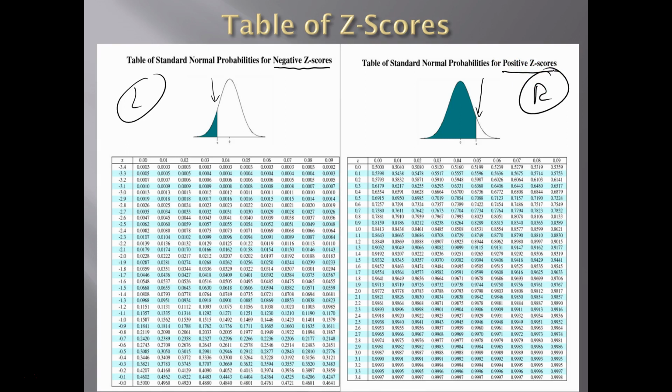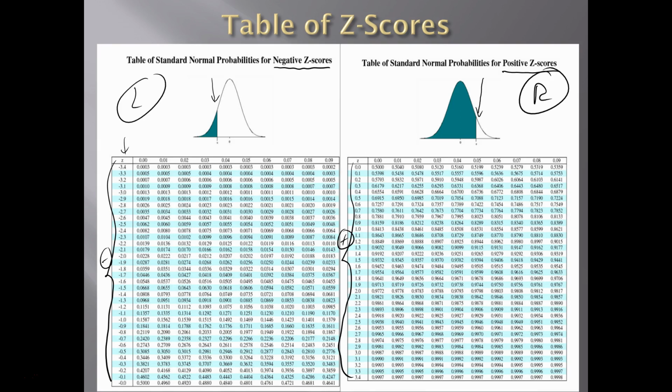So look at your z-score columns right here, all the way down. All of those z-scores are negative. Now look at the z-scores in the other table. These z-scores are positive.